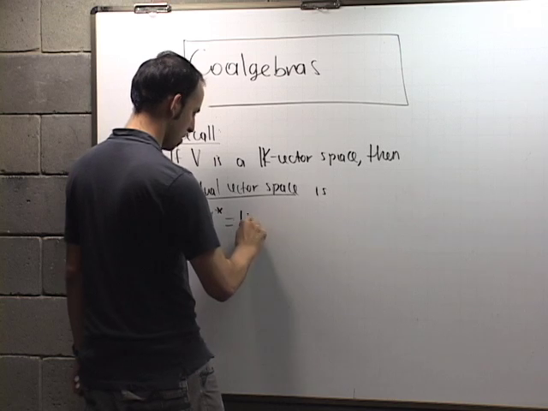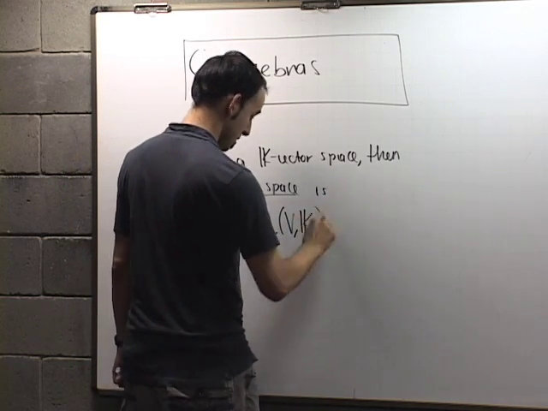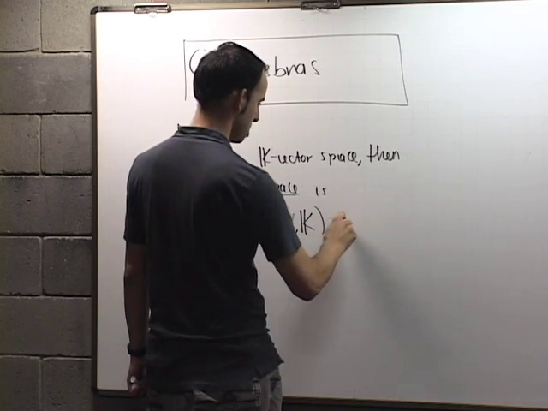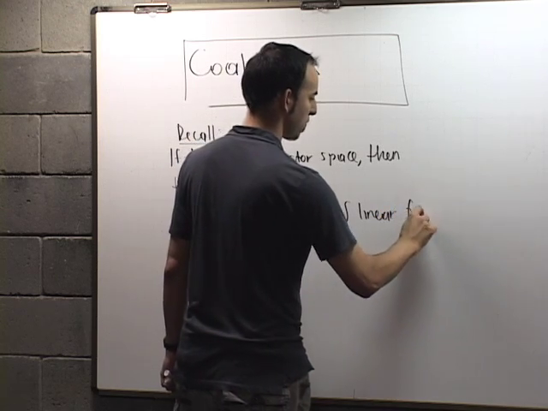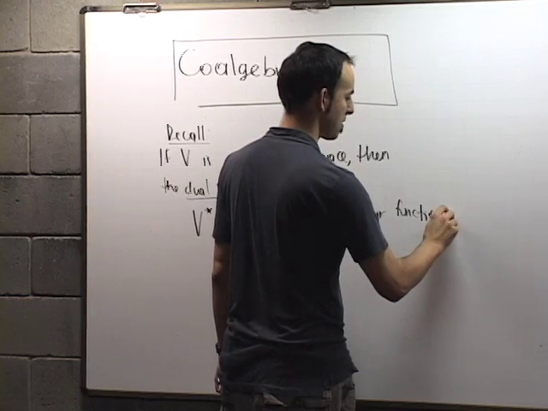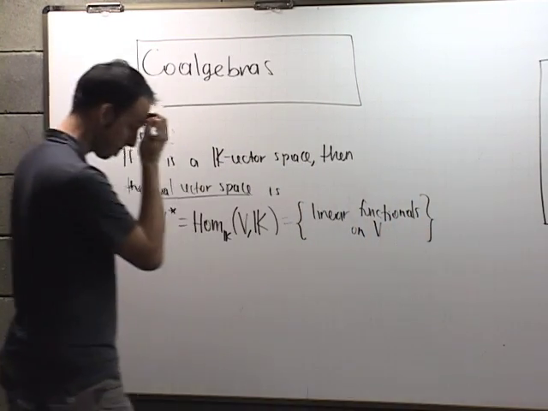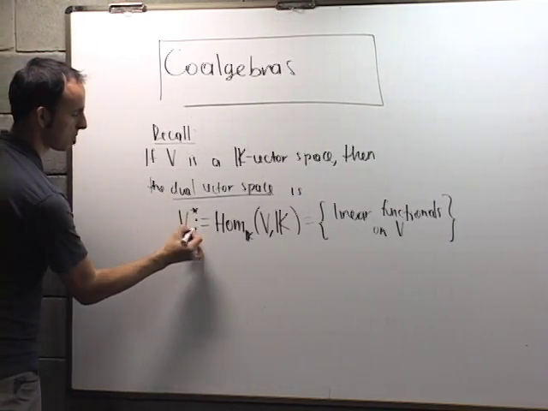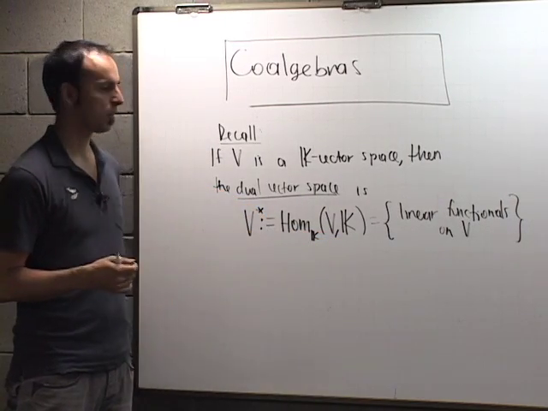It's also denoted as Hom_K(V,K). It's just the linear functions on V. And for some reason, whenever we talk about linear functions, we like to call them functionals. So linear functionals on V. So this is a definition. Linear functions from V to the base field.